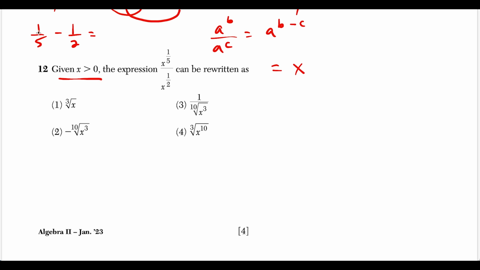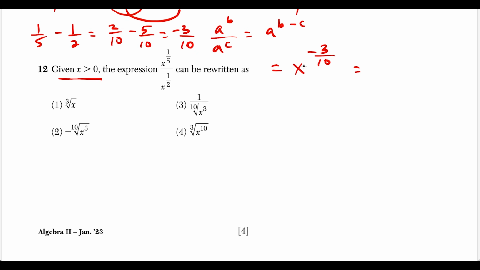There's no shame in not knowing how to subtract fractions. Otherwise, you need to find common denominators. We have times 2 over 2, which would give us 2 over 10, minus 1/2. If we do times 5 over 5, it could be written as 5/10. And then 2 over 10 minus 5 over 10 is negative 3 over 10. So this is equal to x to the negative 3/10 after we subtract those powers.